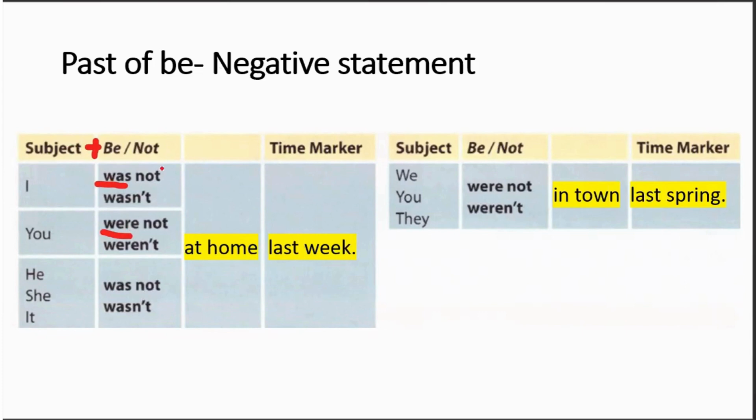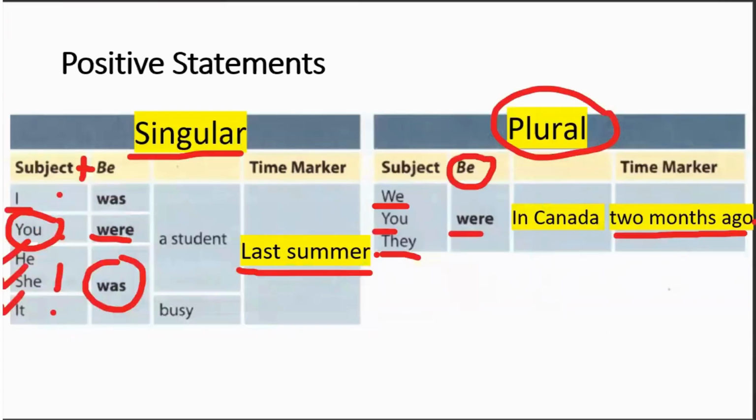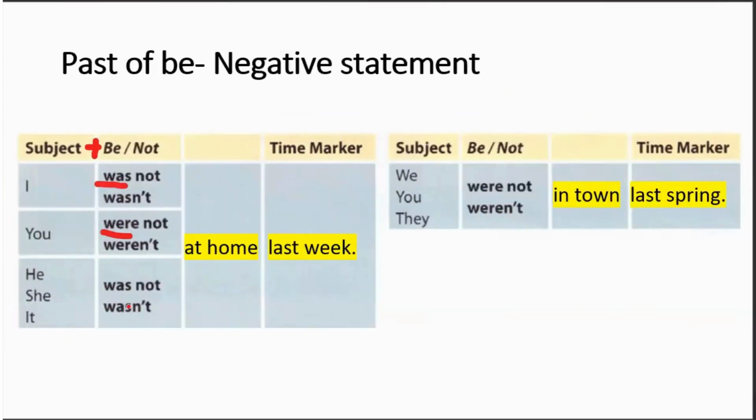As you can see, if the subject is singular, with you we use were and for the rest we are using was. The same as in the positive statement. Only with you, we use were if the subject is singular, and for all the rest, I, he, she, it, or any other singular subject, we use was. And then we add not.